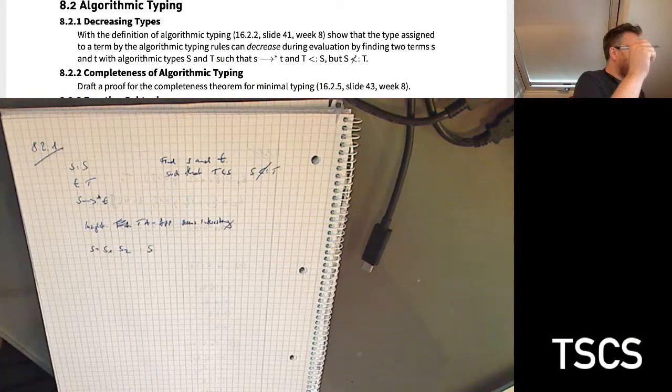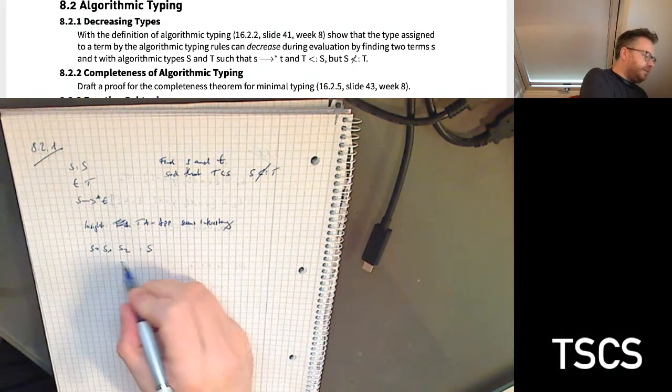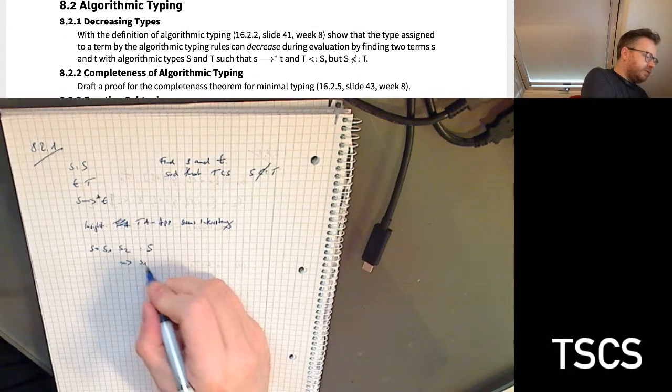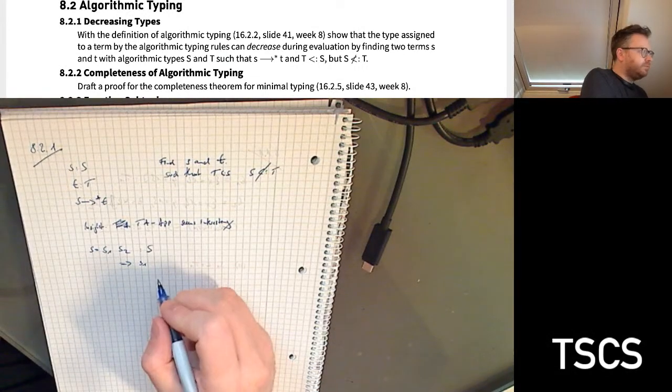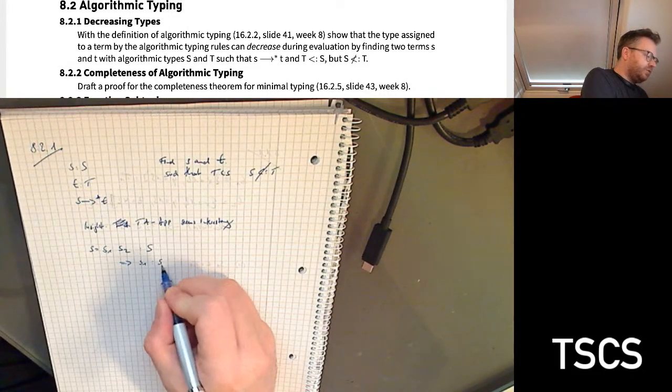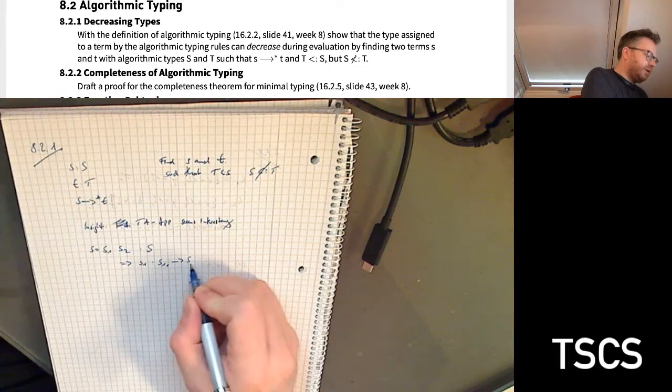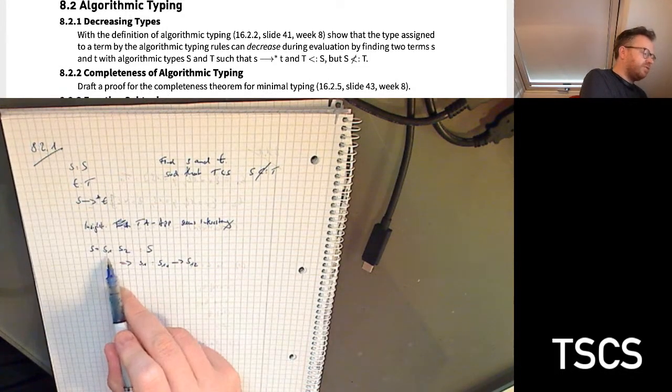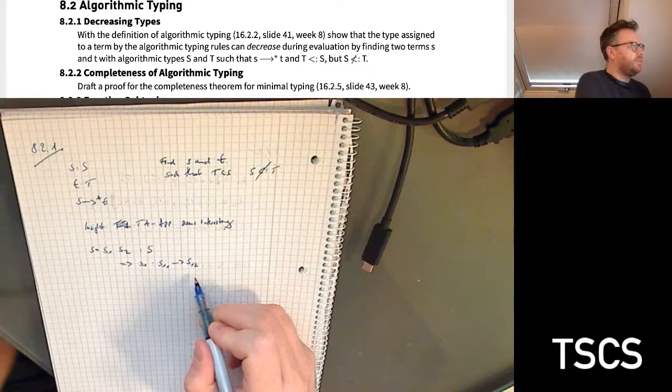So that means that there is S1, and let's say S1 goes from S11 to S12 because it's a function. It's the left part of an application, so it needs a function type.